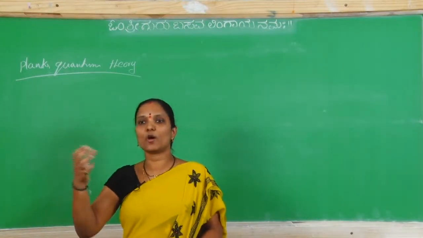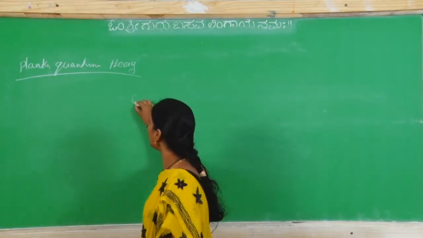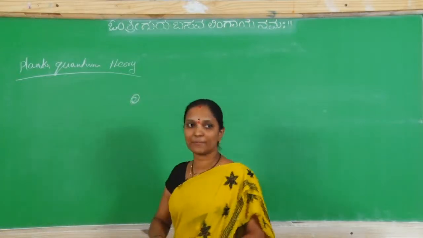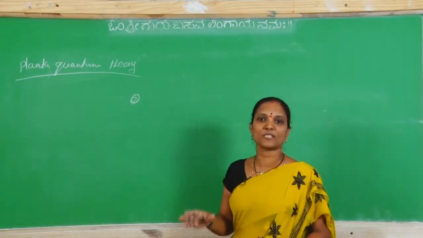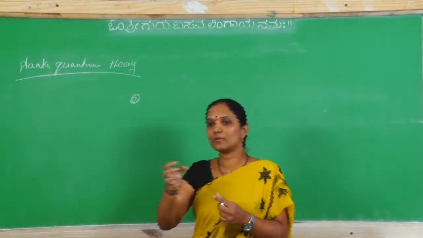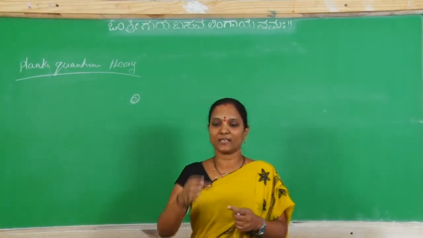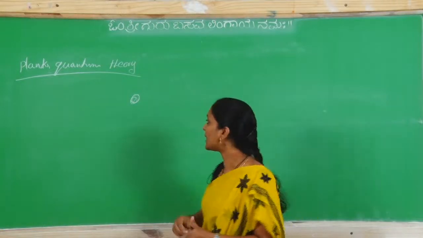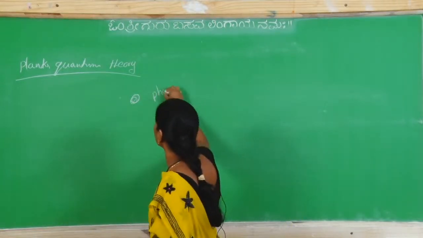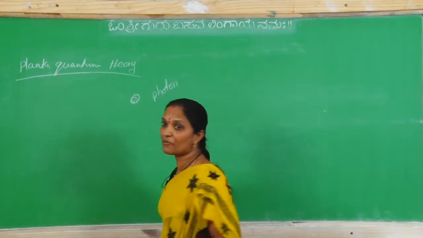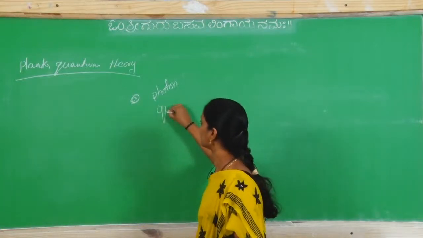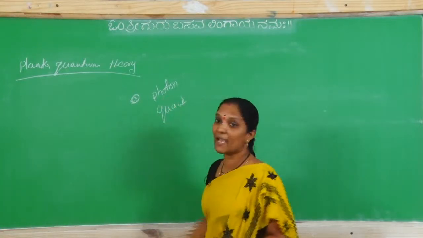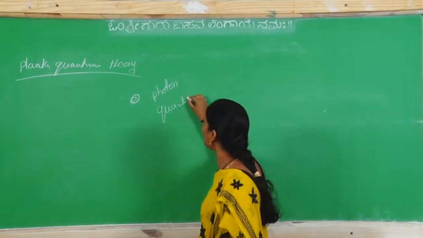Energy is emitted or absorbed in the form of small packets. Anybody that loses or absorbs energy does so in small packets, not continuously. That packet is called a photon, or it is called quanta. That's why the theory is Planck's quantum theory. That packet is called a quantum.